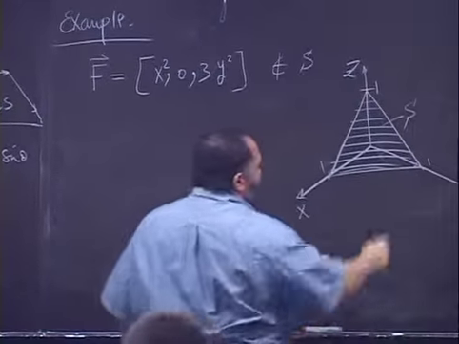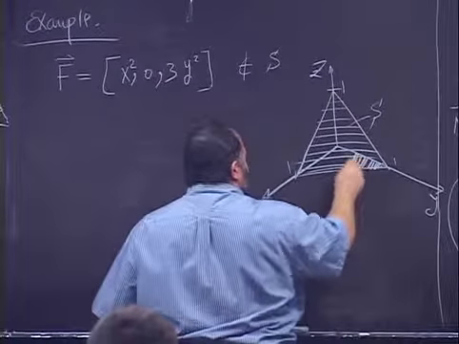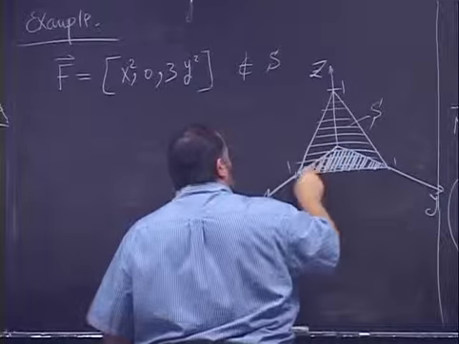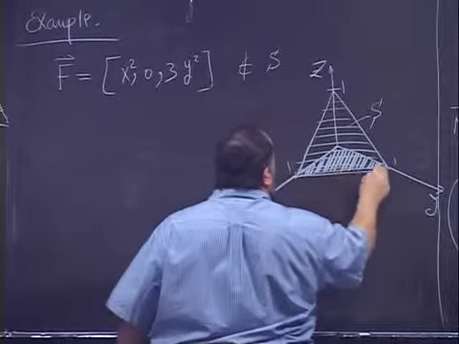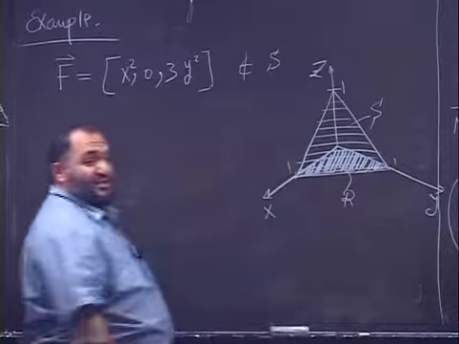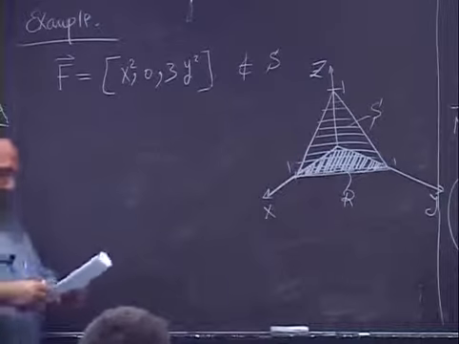Okay? And now we knew that in order to evaluate it on S, we can transform the integration over S to be an integration over what? Over R, where R just lies on what plane? The X and Y plane.